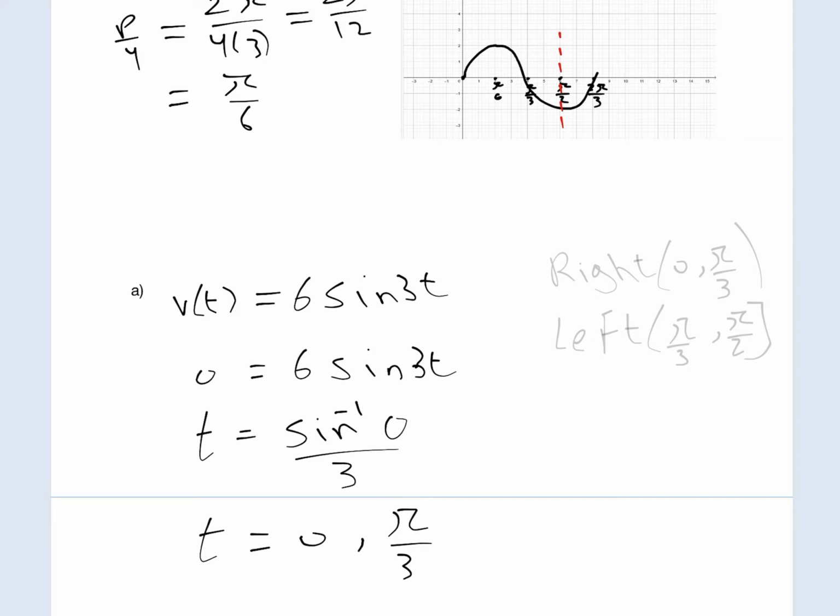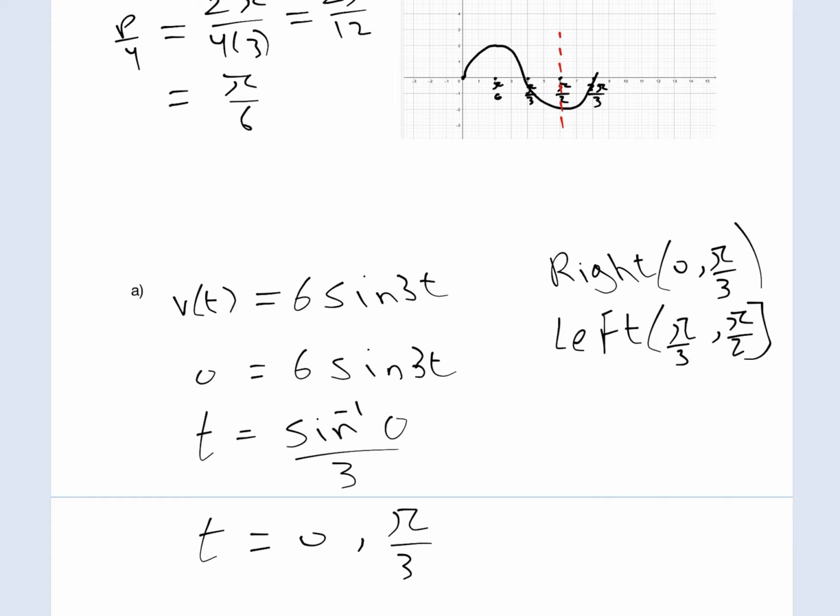So it moves to the right from 0 to pi over 3, and it moves to the left from pi over 3 till pi over 2, with a closed bracket, because the endpoint is included in the graph.